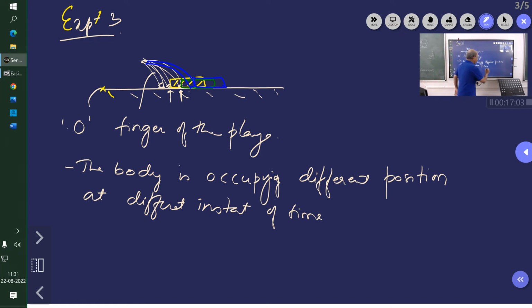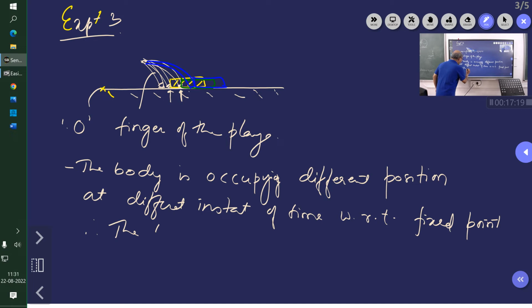Okay, friends? So what is your conclusion? Therefore the body is in motion.